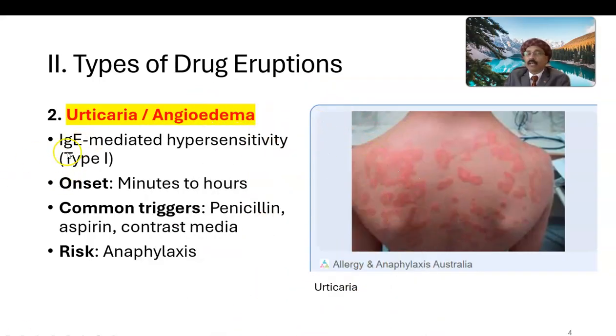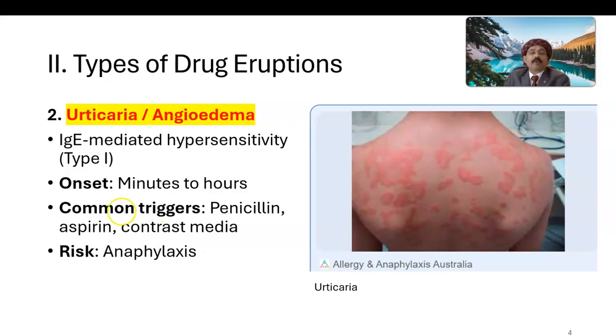Urticaria, IgE and angioedema. These are IgE mediated hypersensitivity type 1. Onset minutes to hours. Common drugs: penicillin, aspirin, contrast media. Contrast media we use for radiological tests like intravenous pyelography, intravenous urography or micturating cystogram.